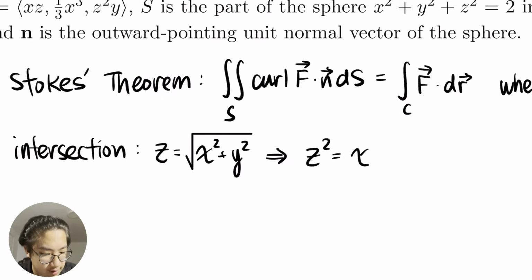With this in mind, we can make use of the sphere: x squared plus y squared plus z squared equals 2. We know x squared plus y squared equals z squared, meaning 2z squared equals 2, so z squared equals 1, and z is plus or minus 1.